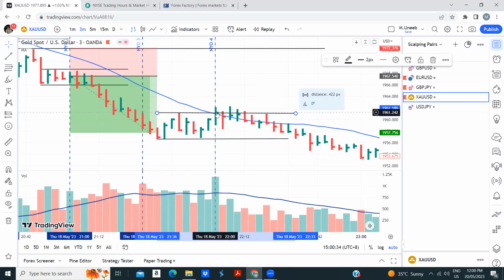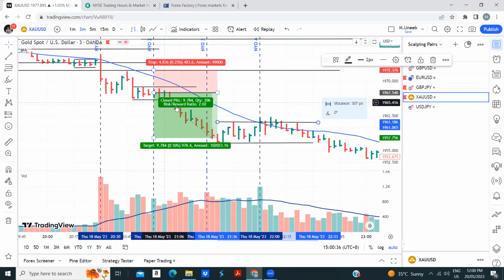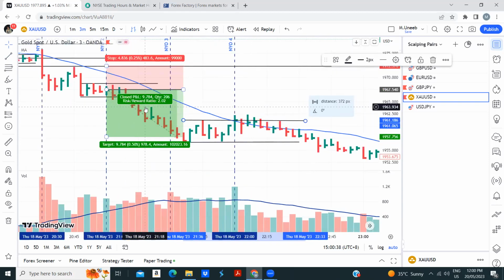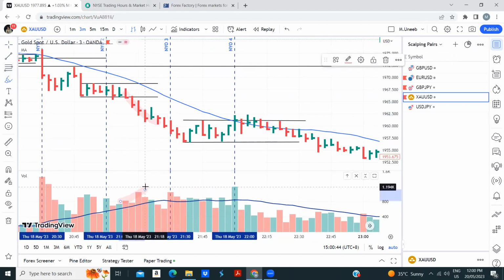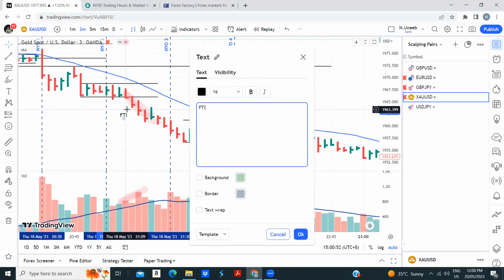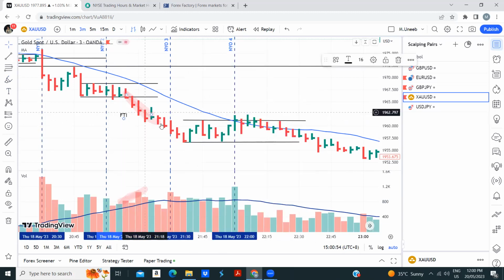What kind of entry is this? This is FTI. Why? Because if you follow this move, you will see the increasing volume during this first phase. And I told you, whenever we have an FTI, we have a redistribution after that.